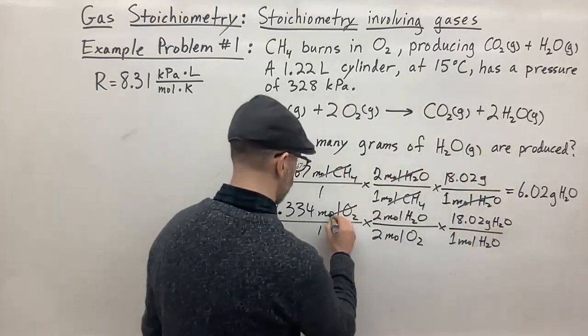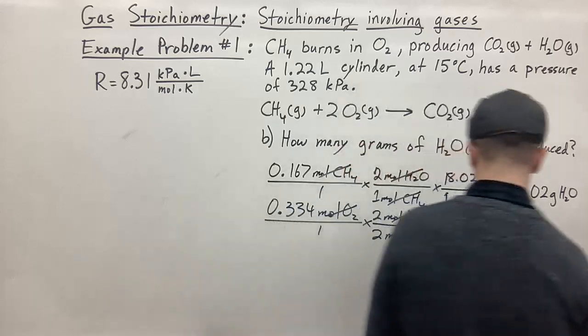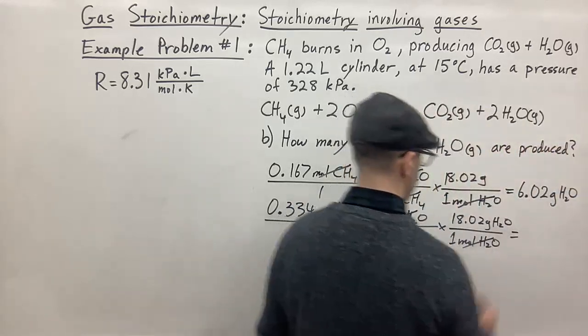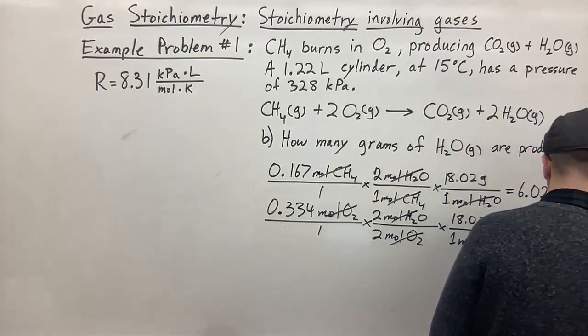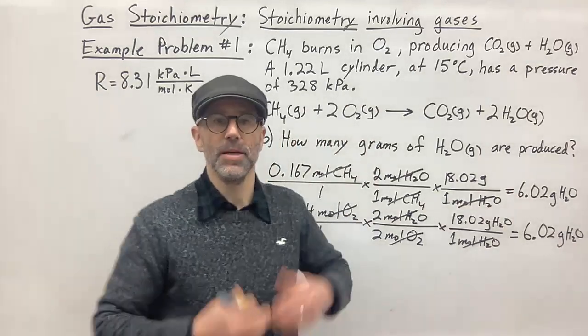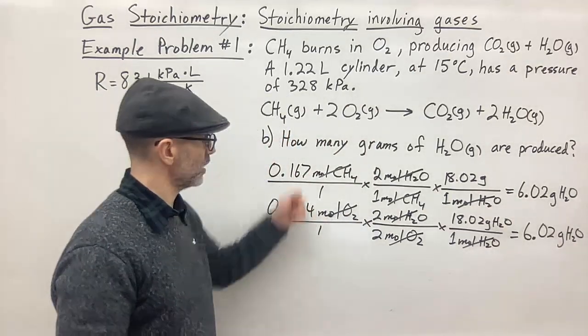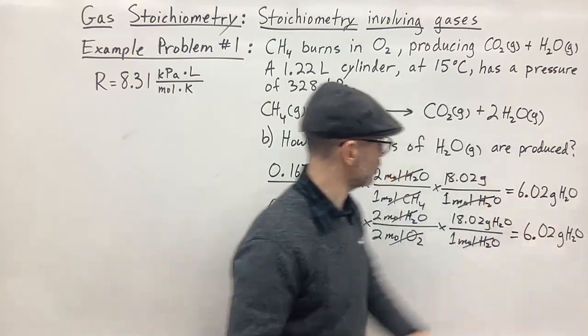So here, moles of O2 cancel out, moles of water cancel out. And here, again, I get 6.02 grams of water. So either one of these you can use to convert to the grams of water.